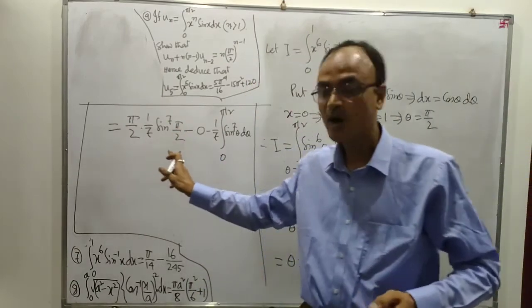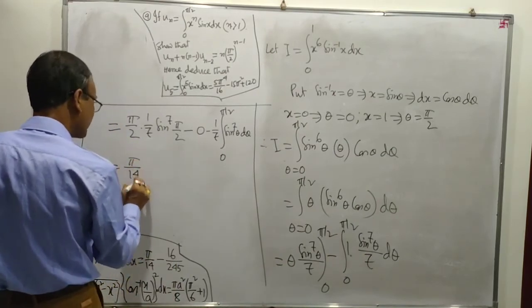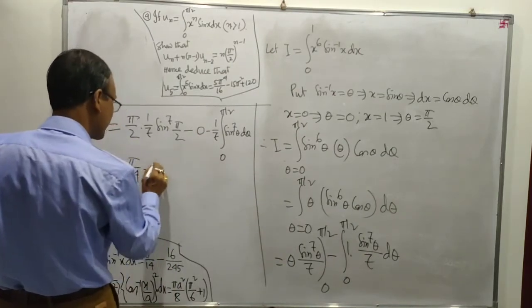Sin pi by 2 means 1. It will be equal to pi by 14 minus 1 by 7.